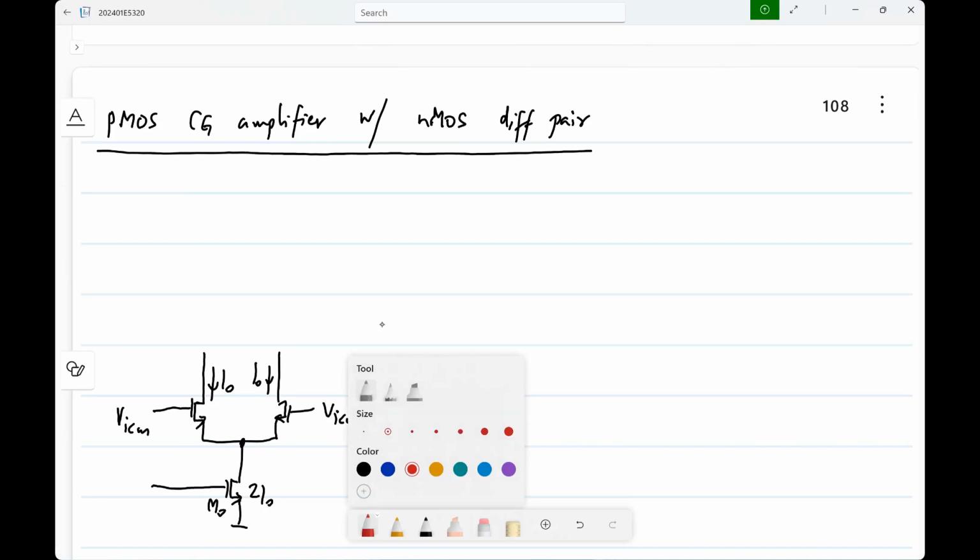If I add an increment, I will have I naught plus delta I and I naught minus delta I. So that incremental current has to go through a common gate amplifier, right? Now I want that common gate amplifier to be PMOS.